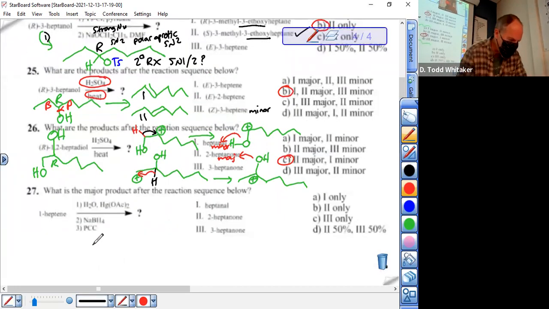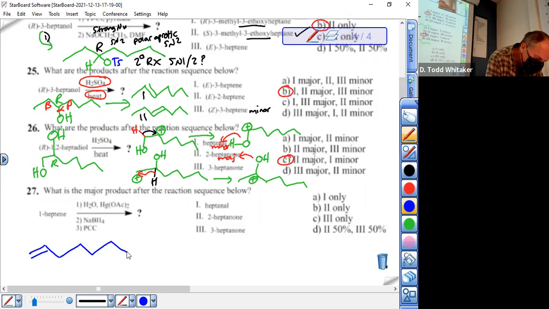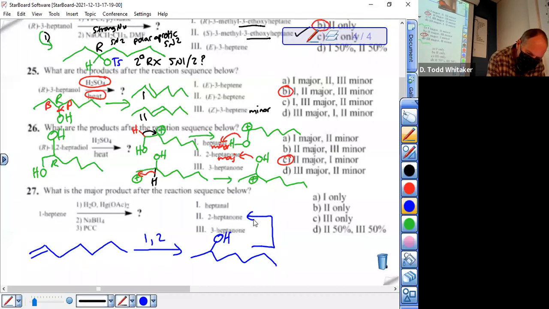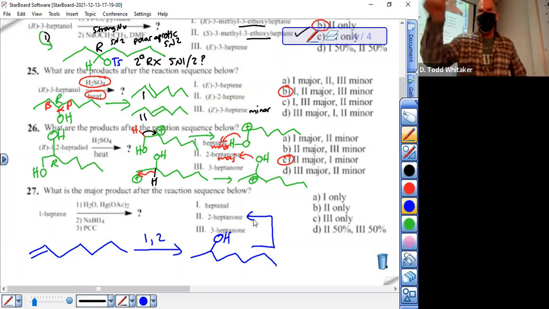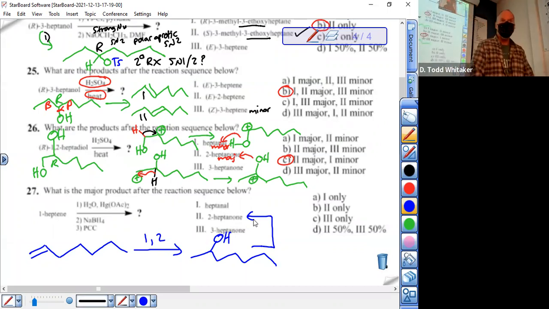And 1-heptene with the oxymercuration. This is where we're combining reactions. 2, 4, 6, 7. 1 and 2 do this: Markovnikov addition of OH. And then PCC oxidizes any alcohol to a carbonyl, except for tertiary.